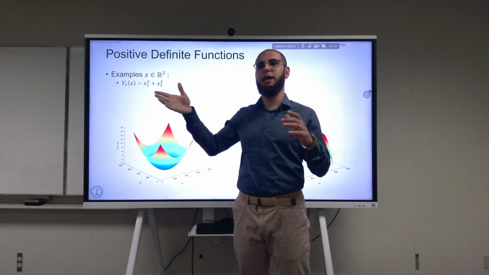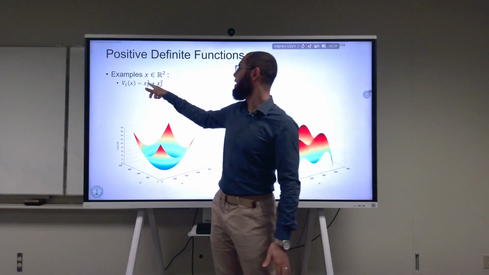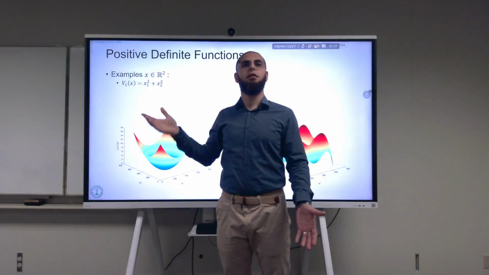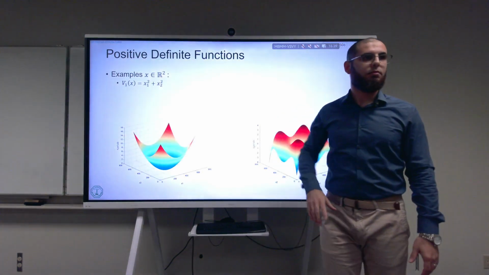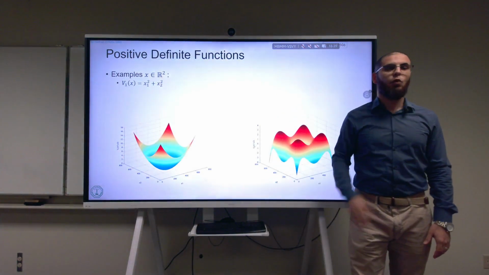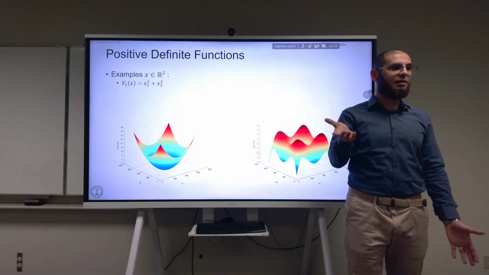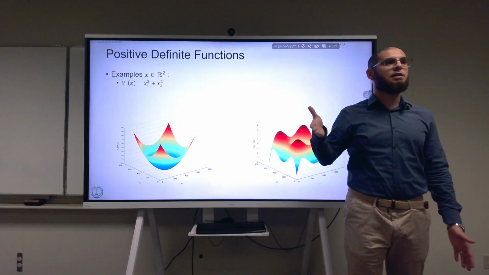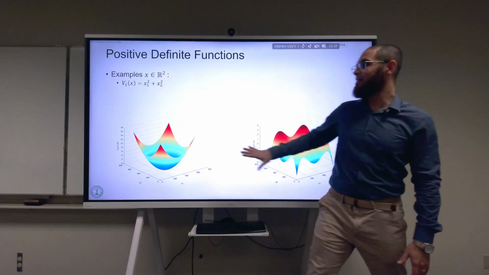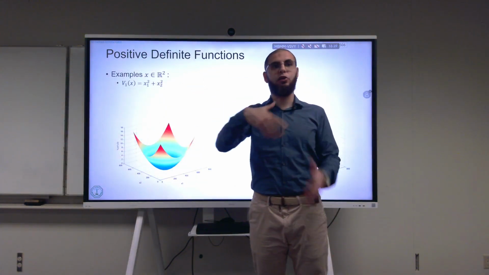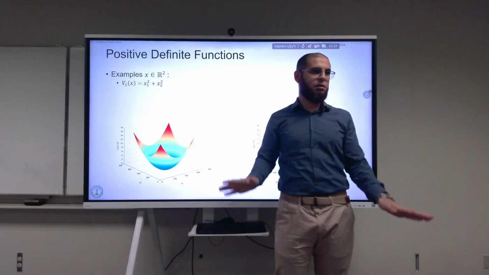You can even generalize it, making it x transpose P x with some matrix P in between. In adaptive control we used to go for one over two s squared if it's scalar, and if it's a vector it's half s transpose s. It's always the norm of it. So you guarantee that you have a Lyapunov function, and the controller that you derive will just satisfy it. You can always do that.